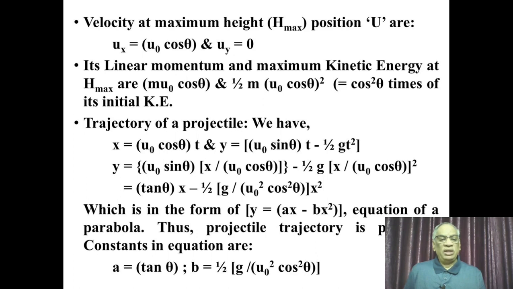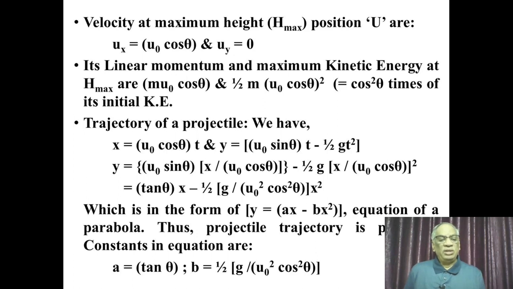So y becomes u naught sin theta into x by u naught cos theta minus half g into x by u naught cos theta whole square, where t is replaced by x by u naught cos theta.